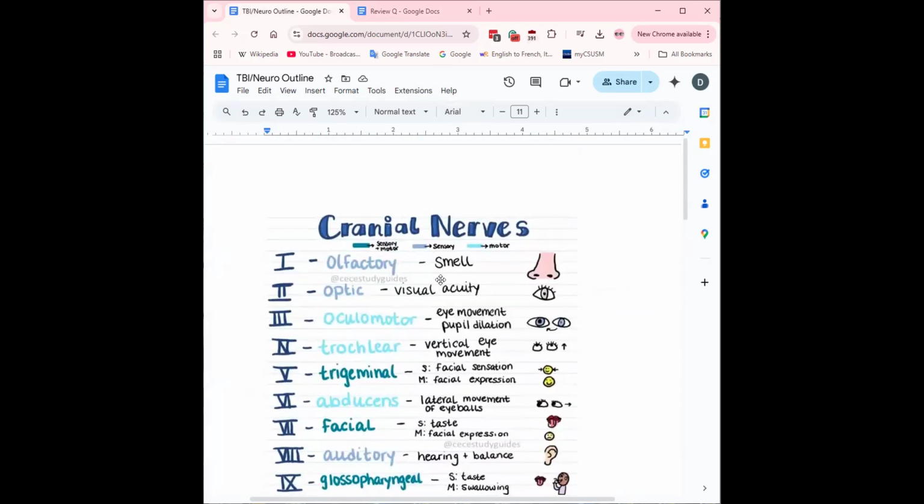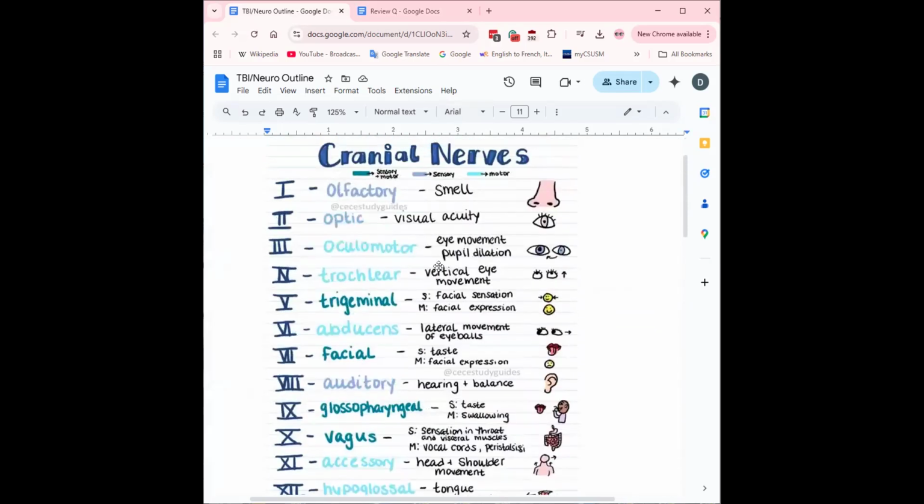I have a picture with the cranial nerves, and I know they went over the different types of lobes and stuff for the brain in the case study thing that you guys did, but honestly, don't worry about it. The cranial nerves, I don't think you worry about that either from memory.